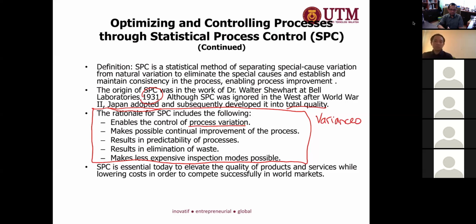Then we can make Kaizen possible to reduce the variance. Or maybe we detect outliers in the SPC. Those outside the upper limit and lower limit, outside the limit, that's an outlier.